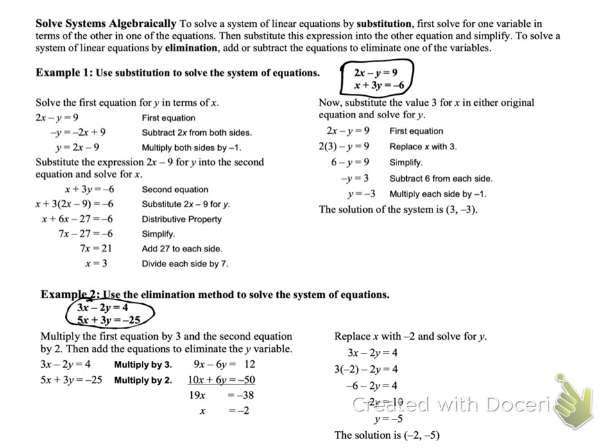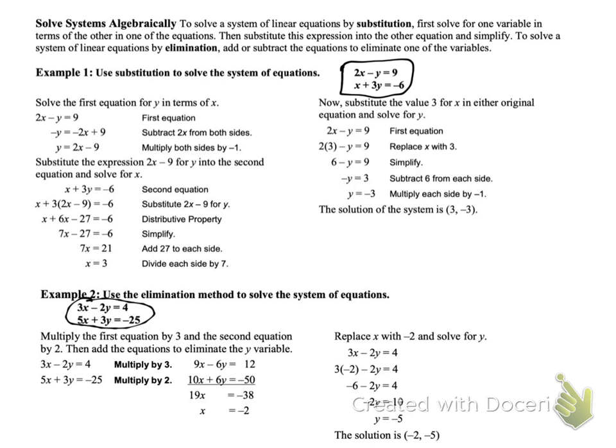Again here, I can plug that negative 2 into either one of the original equations. All right, Lexi, which one do you want me to plug it into? The first one. So I'll have 3 times negative 2 minus 2y equals 4.